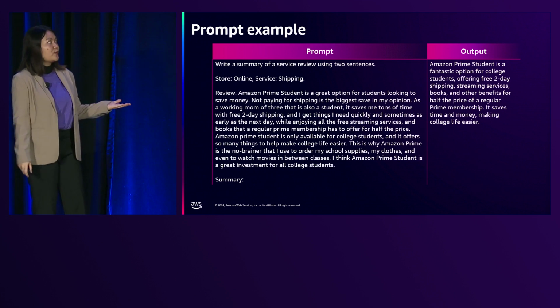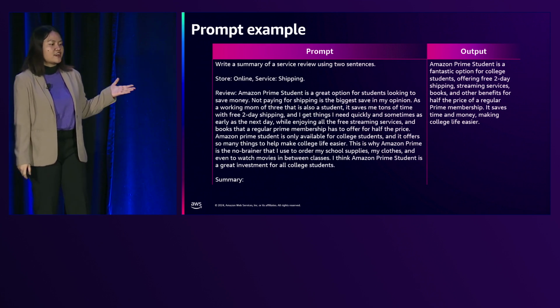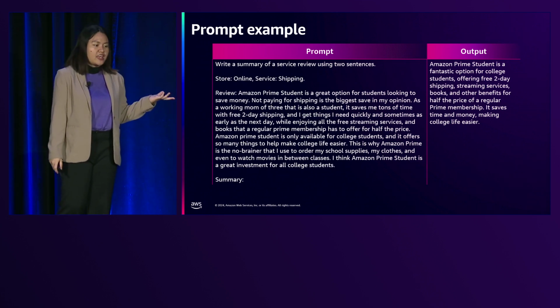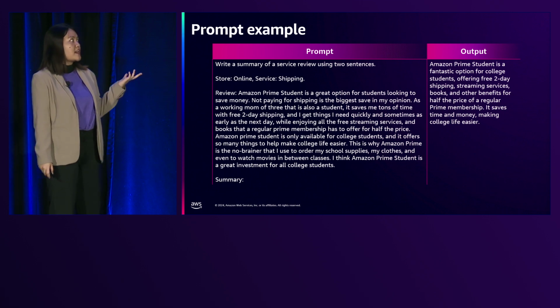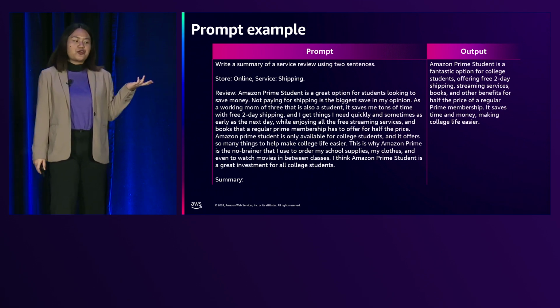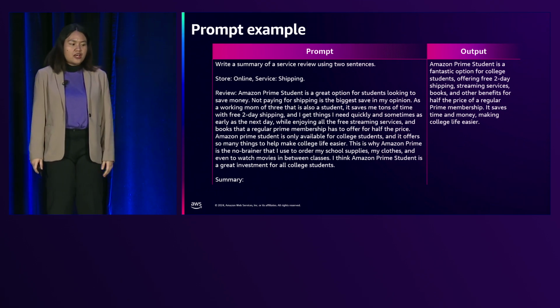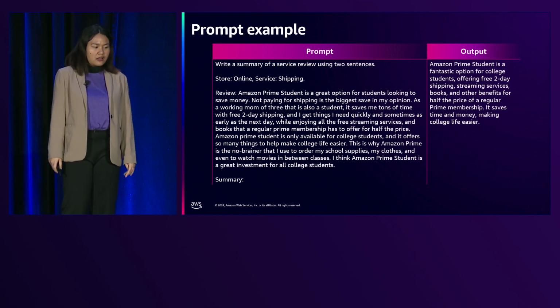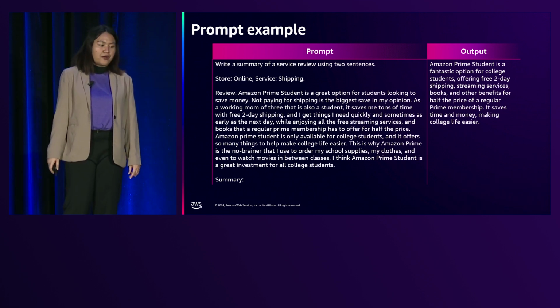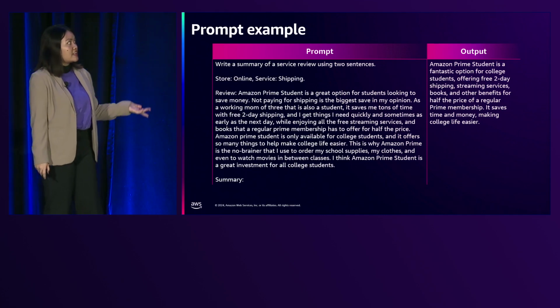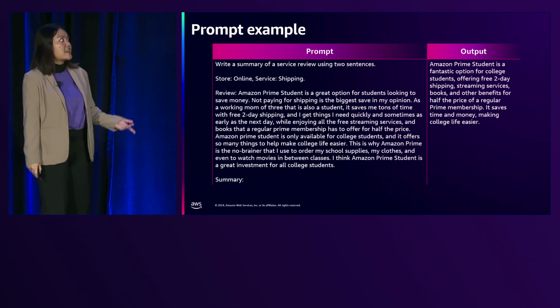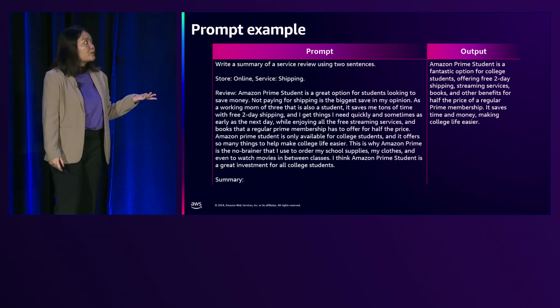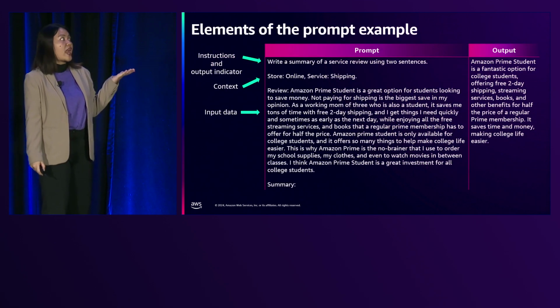I will give you around 10 seconds to read through the prompt. Here we have an example prompt, where we want to create a summary for Amazon Prime Student. If we take a look inside the prompt, there are a couple of elements.